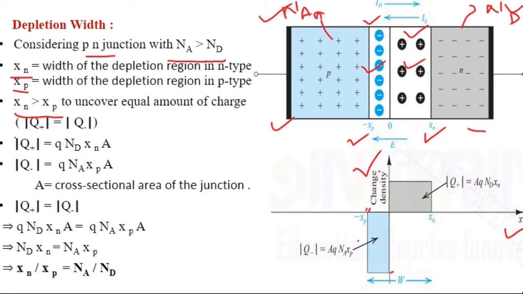It will increase up to your charge density across the p-type. Now what is the charge density across the p-type? The volume charge density will be equal to the charge times the acceptor concentration, that is Na. Here the charge is negative, so we write minus Q times Na. At this point you will get minus Q times Na.